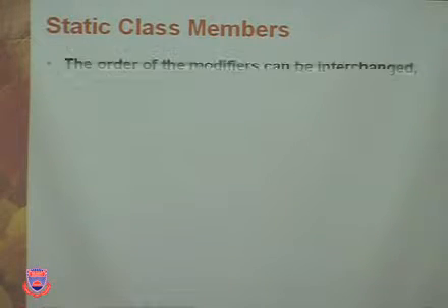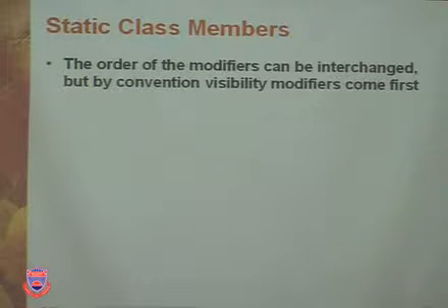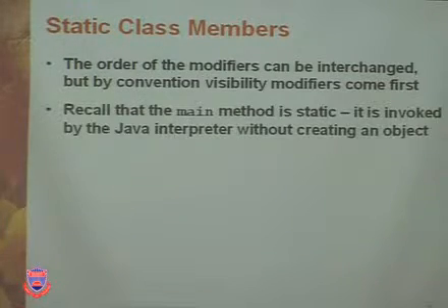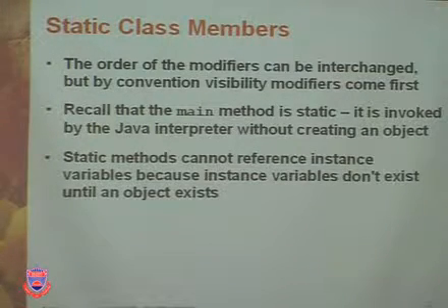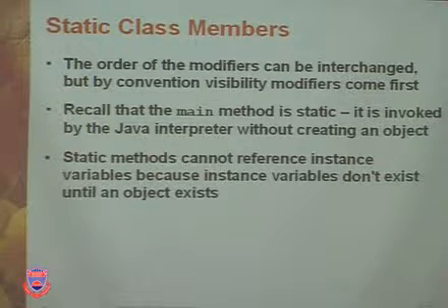And then when you look into the static class members, we see that the order of the modifiers can be changed, but usually by convention we use the visibility modifiers first, then the rest. Public static void main: public starts first.